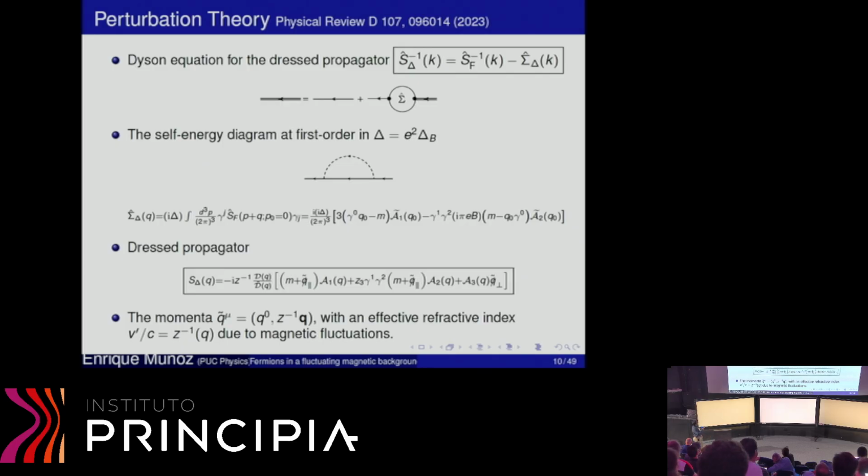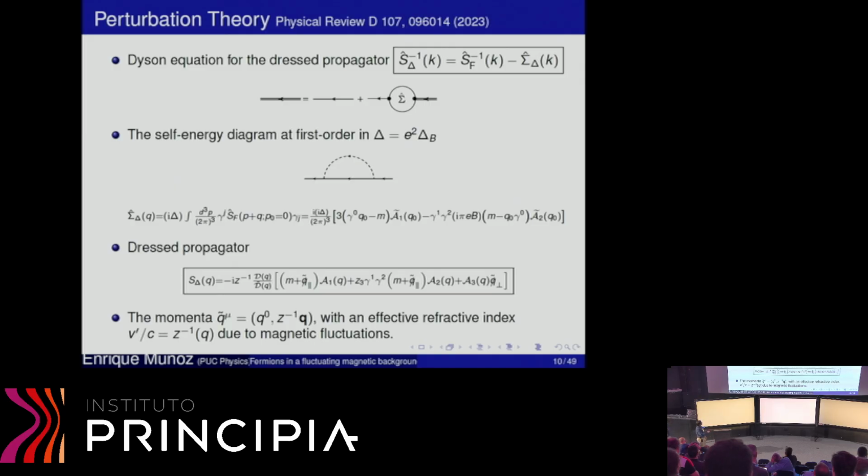So we can invert the Dyson equation at this particular first order in delta case and obtain an expression for the noise-dressed propagator that looks pretty much like the one we had for the propagator of a free particle in a constant magnetic field. But you may see that we get a redefinition of the momenta components, right? We have this tilde redefinition. What is this tilde here?